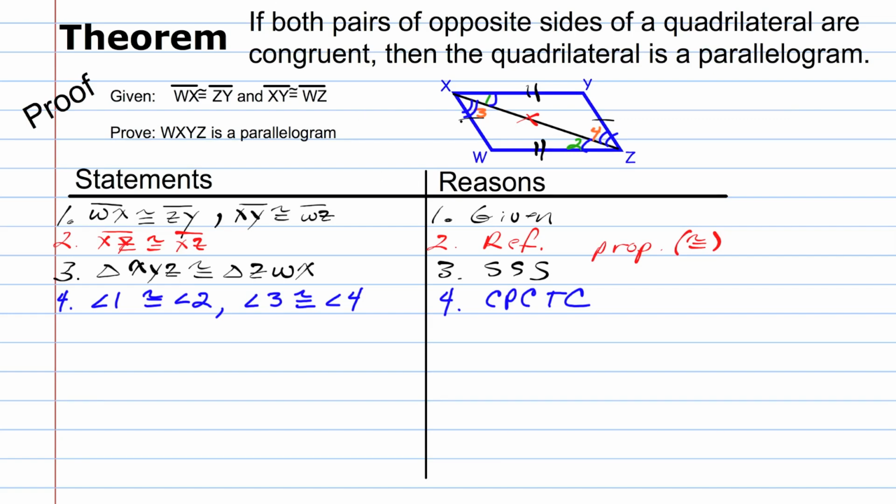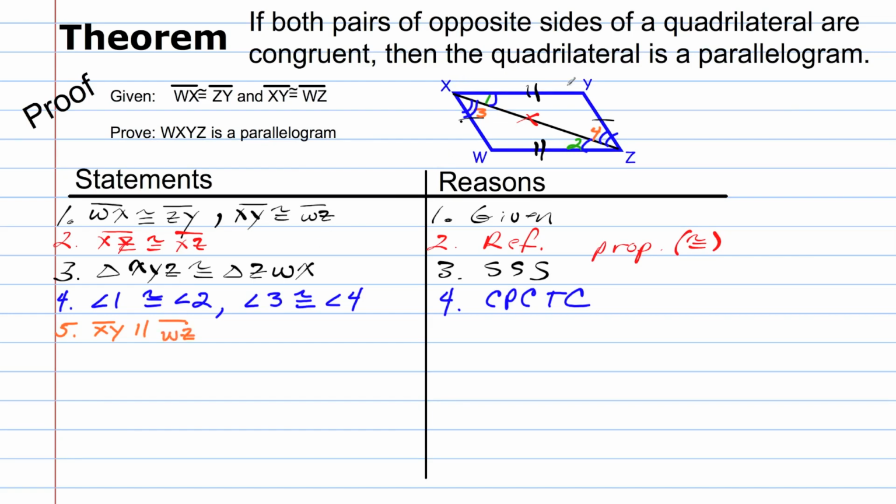Now what we can say is that the opposite sides are parallel to one another. We can say that XY is parallel to WZ. So segment XY is parallel to segment WZ.